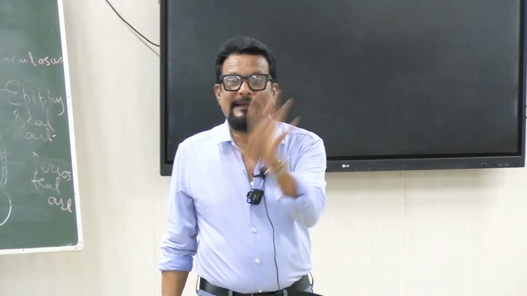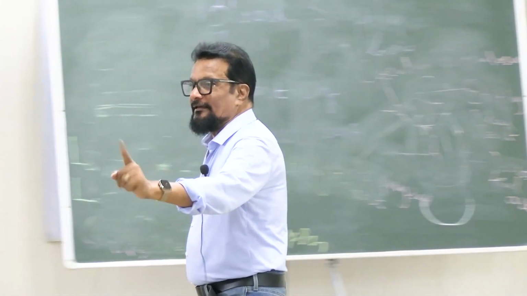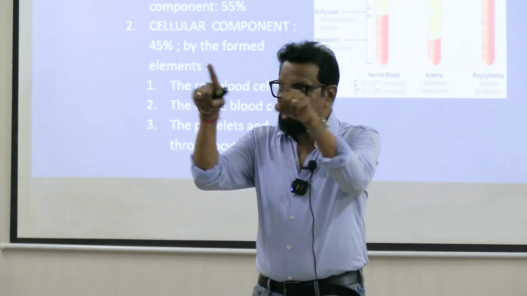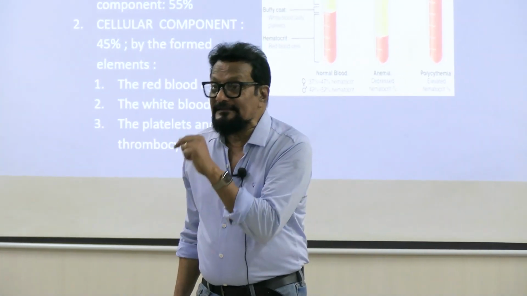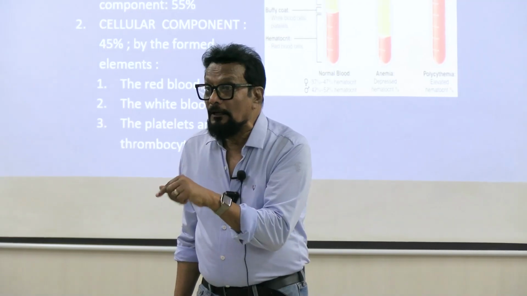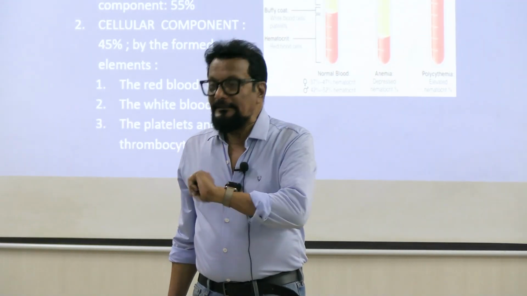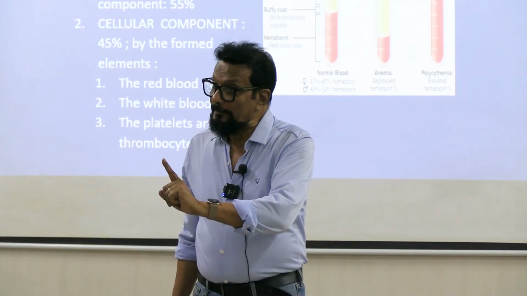Normocytic, hypochromic. Now the RBC will be regarded as normocyte, normal in size, but their hemoglobin content is less, that means hypochromic. Or if the content of hemoglobin is normal, then we call it normocytic, normochromic.